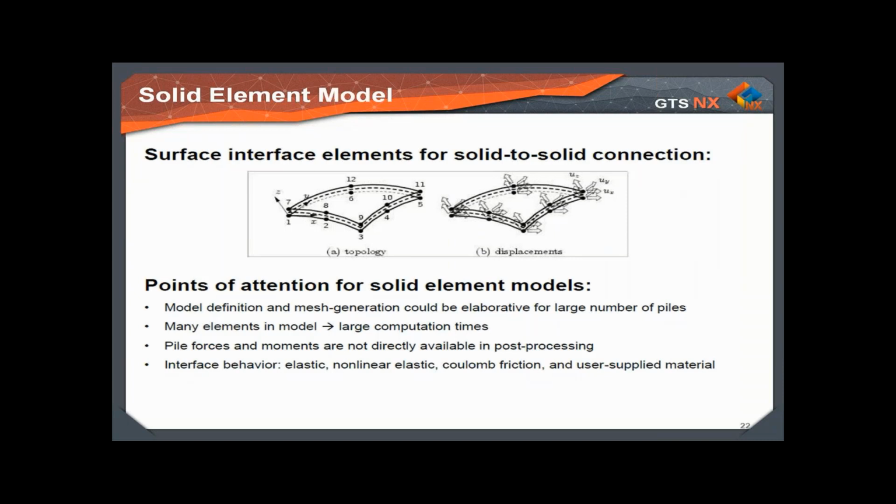The interface we have around this pile, the surface interface element, can be linear or quadratic, and it will capture your soil structure interaction behavior properly. This interface can be linear elastic, non-linear inelastic, and can also be plastic with Coulomb friction. We provide all these possibilities, and even user-supplied interface properties are allowed.